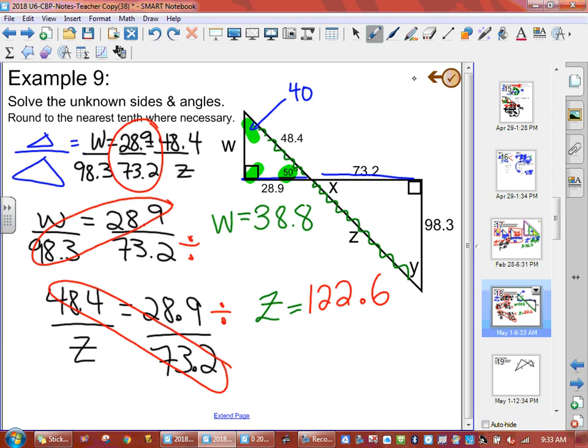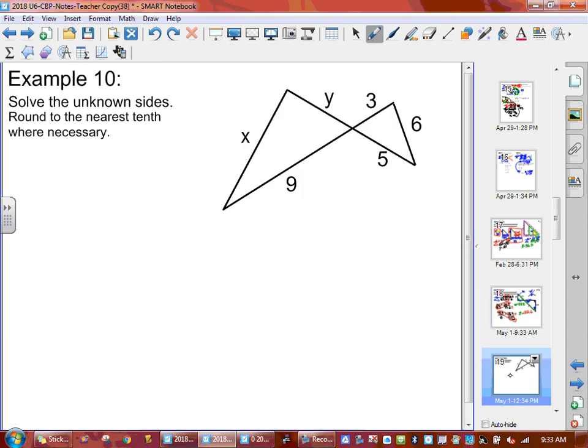So that means X has to be 50. So here X is 50 degrees, which makes Y 40 degrees. So again, if they're crossing in an X, they're going to be identical. They're called opposite angles. So if I've got 60 degrees here, this guy is 60 degrees. That's just opposites.